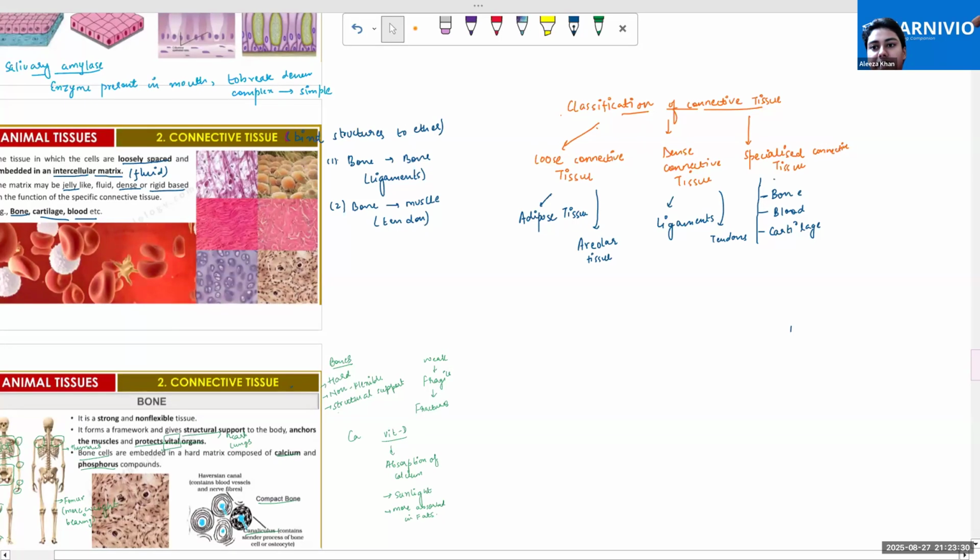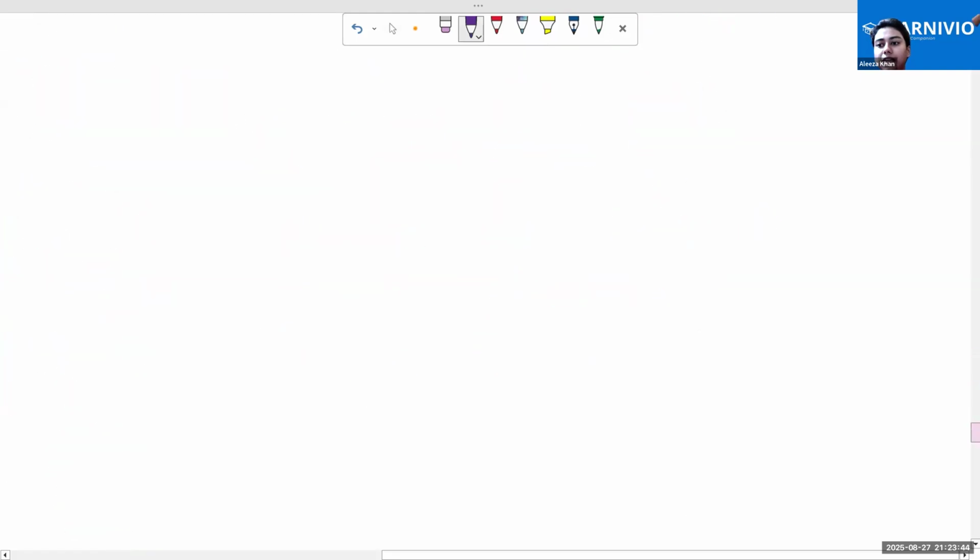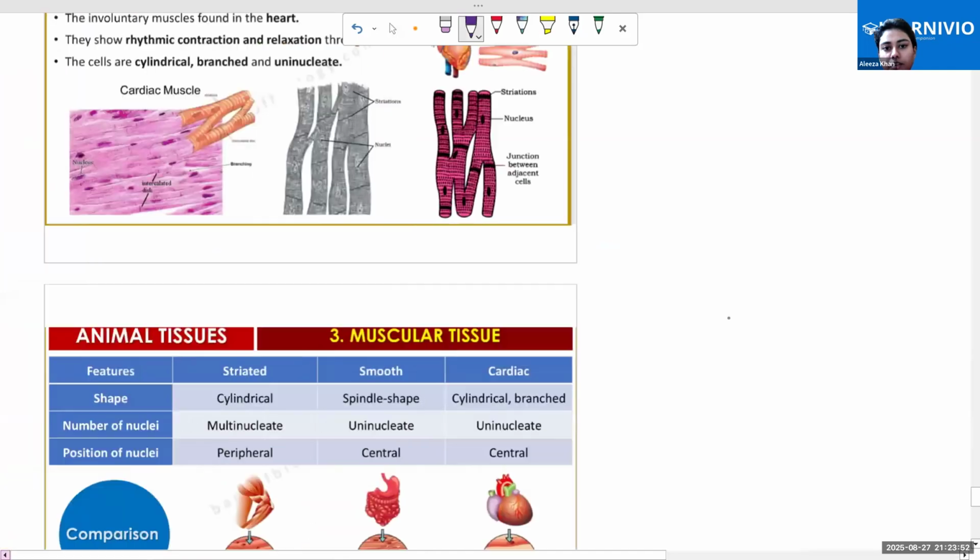This is under which category? The dense connective tissue. Your ligaments and tendons are under dense connective tissue. And your areolar and adipose tissue were the loose connective tissues. So ligaments are the structures which join which two structures?